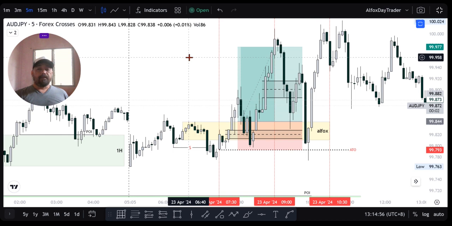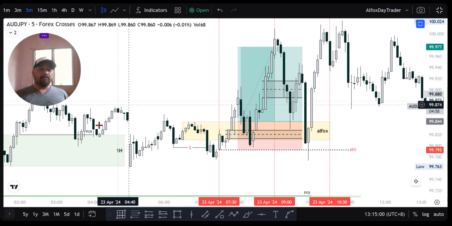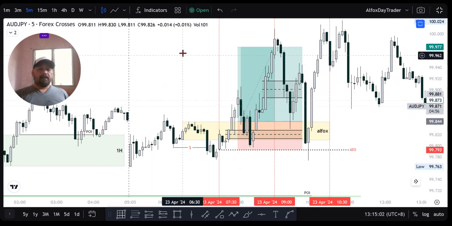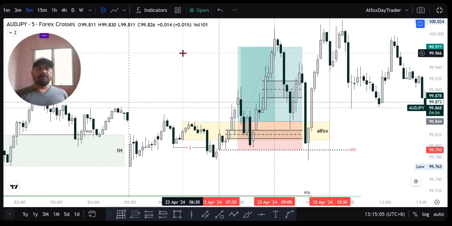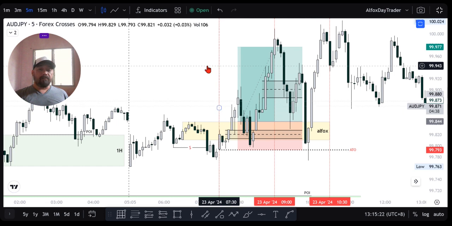Okay? I'm not scared because I followed my conditions. I'm not scared because I risked the right amount, which is 1R versus 2R. I did not over risk. I only risked 1% of my account for this trade.